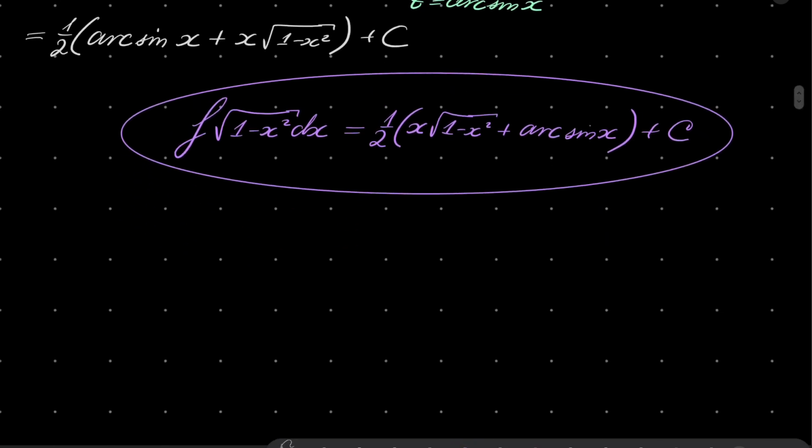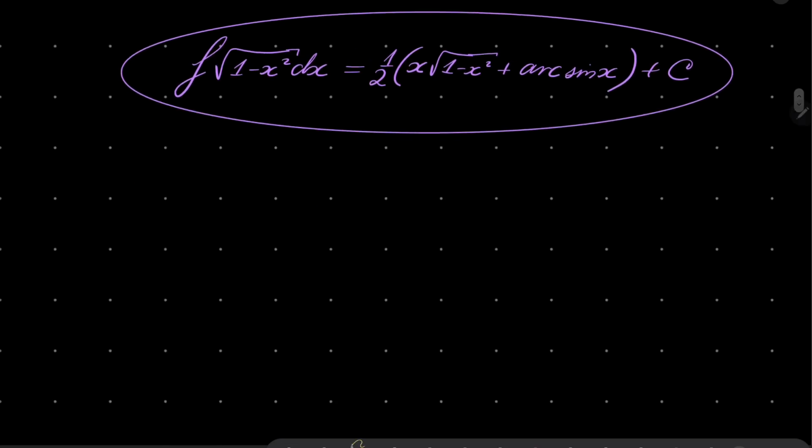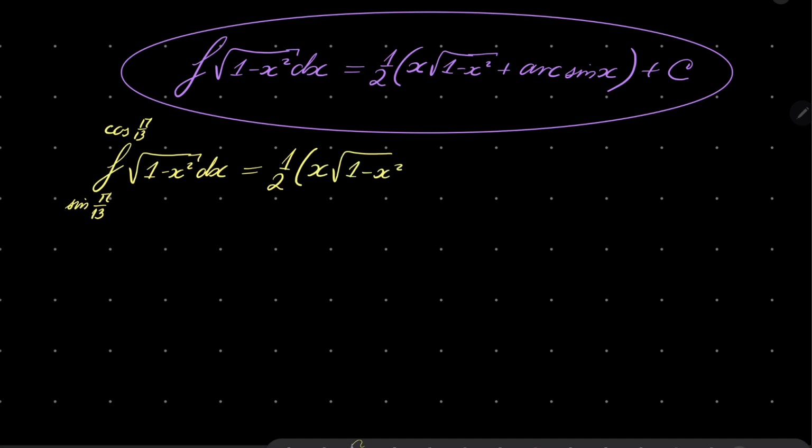Alright, and now we just wish to compute, let's get rid of 1 over pi, the integral from sine of pi over 13 to cosine of pi over 13 of square root of 1 minus x squared dx. Right, so it's just 1/2 times our quantity evaluated from sine of pi over 13 to cosine of pi over 13.